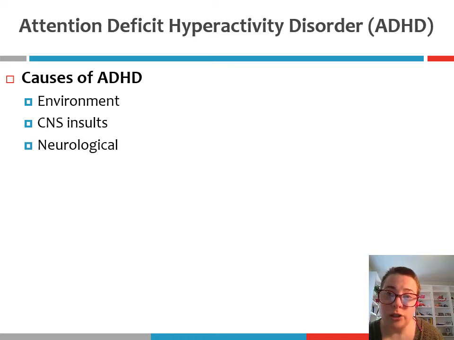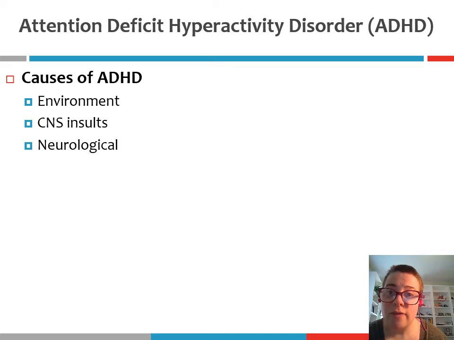All of the brain structures that are involved in the limbic system, so the amygdala and the hippocampus, are also significantly smaller in individuals with ADHD, which makes sense because individuals would have difficulty with emotional regulation, since these structures are part of the limbic system, which is important for processing of emotion. So individuals with ADHD have smaller brain structures like the PFC, the amygdala, and the hippocampus.